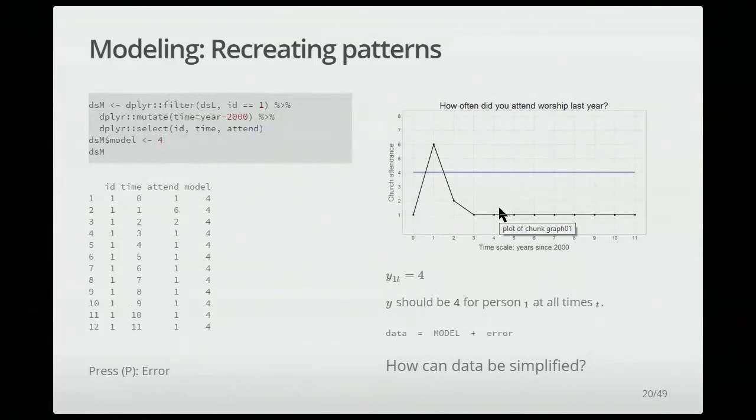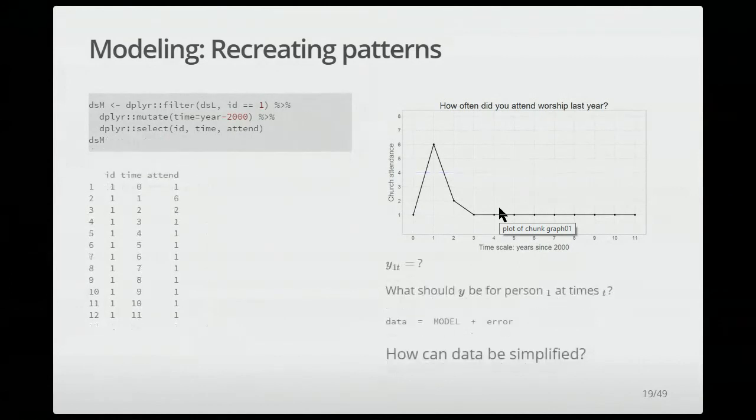When we're approaching this question, we're asking, well, we need to model the data. That is basically to answer a question: what should Y be for person 1 at times t? What should the value of Y be for this person at every time t?